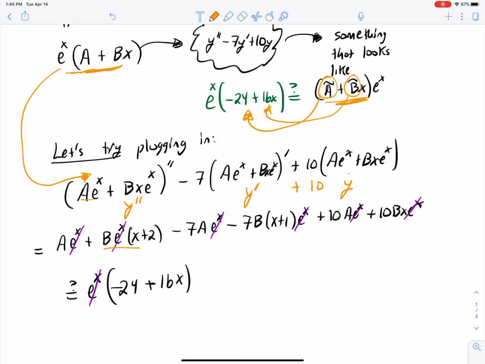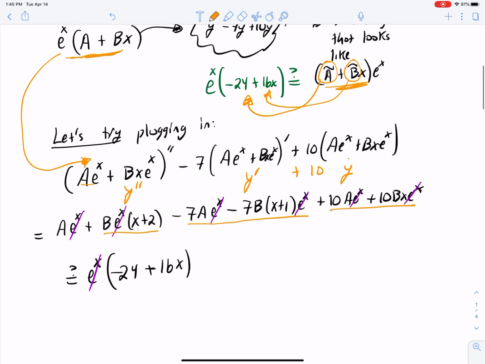And so I'll get x plus 2 here, minus, here are these terms expanded, and then these terms expanded. What I've added here is my right-hand side, so that's this term up here, e to the x times minus 24 plus 16x. The idea is we're going to choose these a's and b's so that we can solve this. You can see I've already canceled the e to the x's.